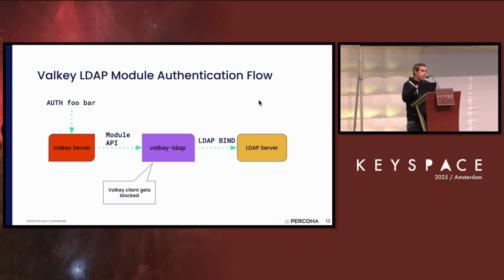In the meantime, the Valkey client gets blocked so that the Valkey server can still process other clients' requests. So we are not going to block our Valkey server while we are waiting for the LDAP response. And then the LDAP server responds to the valkey-ldap module, and the module returns to the Valkey server, telling if the authentication is successful or not.